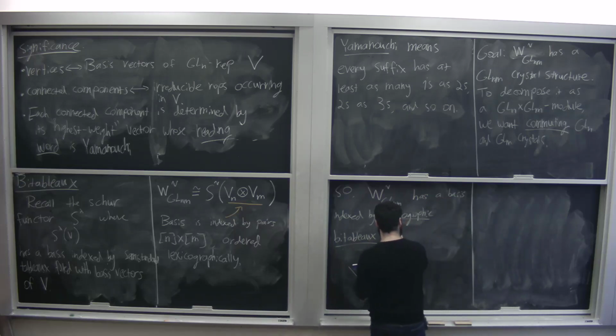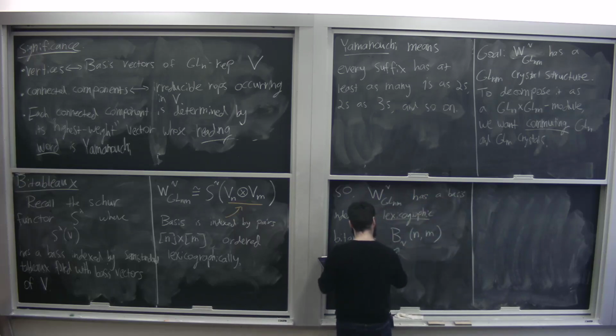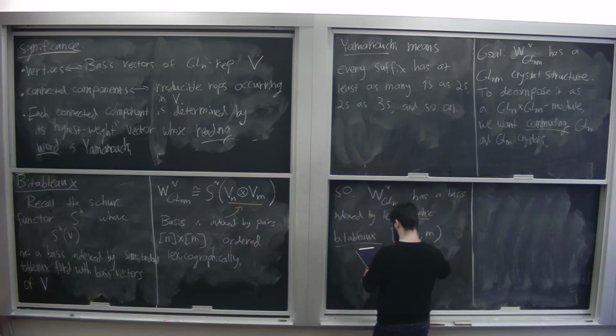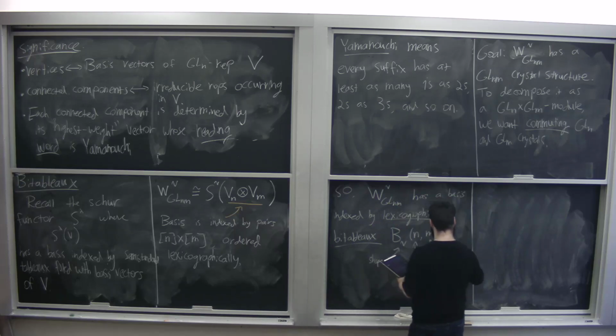I'm going to write B nu N M, where nu is our shape, N is max for what I'm calling top entries, and M is max for bottom entries. And it'll be clear why I call them top and bottom in a moment.